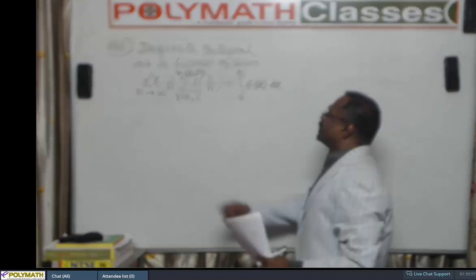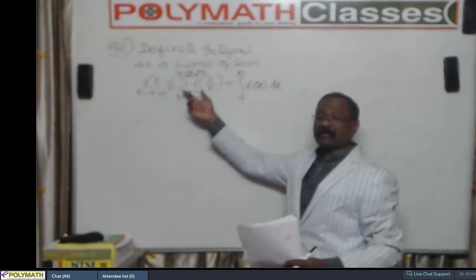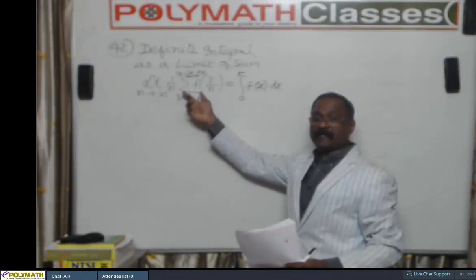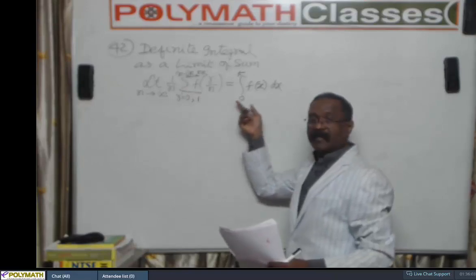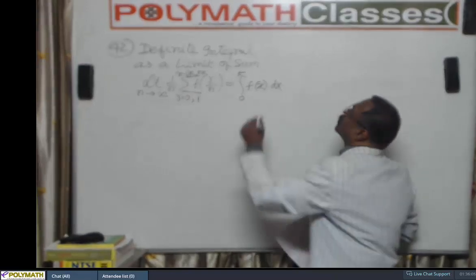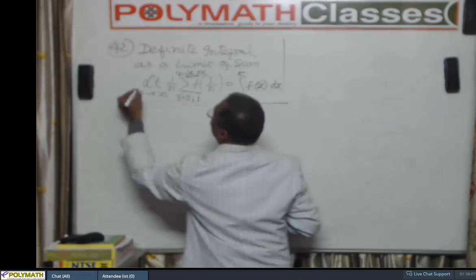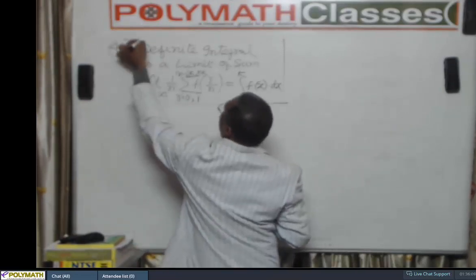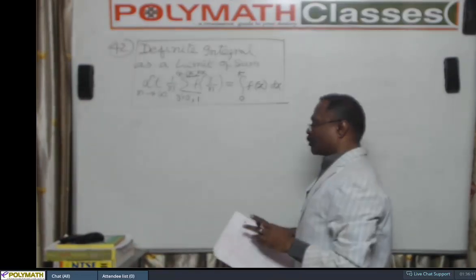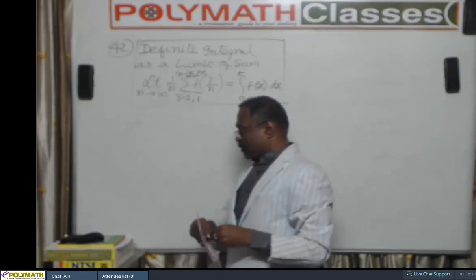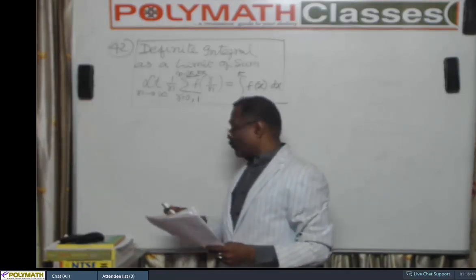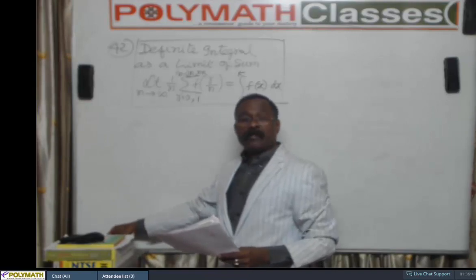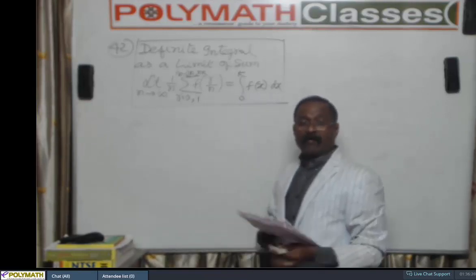That means the limit of a sum, sigma stands for sum, is expressed as the definite integral. So this problem is related to this concept, which is to be remembered. Okay, so let us now write the problem.